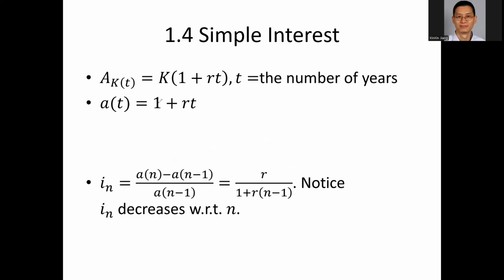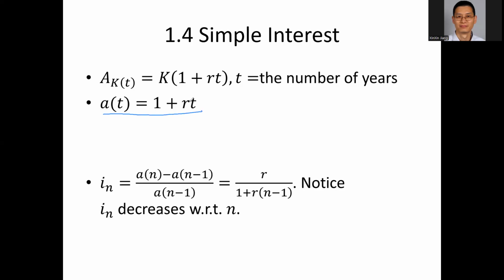All right, let's work on simple interest. Simple interest is commonly used in reality when the time is short, like days, maybe even less than 1 day, but normally it's kind of short. So for simple interest, the accumulation function is 1 plus RT.